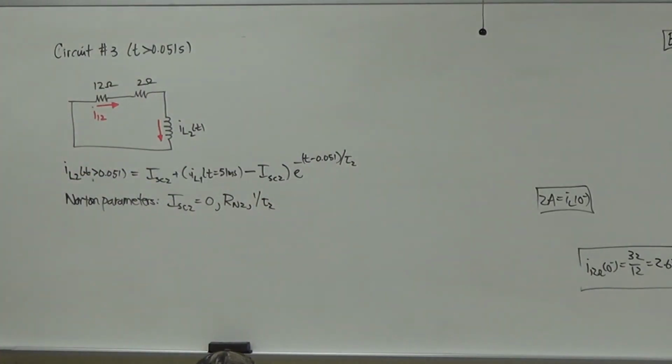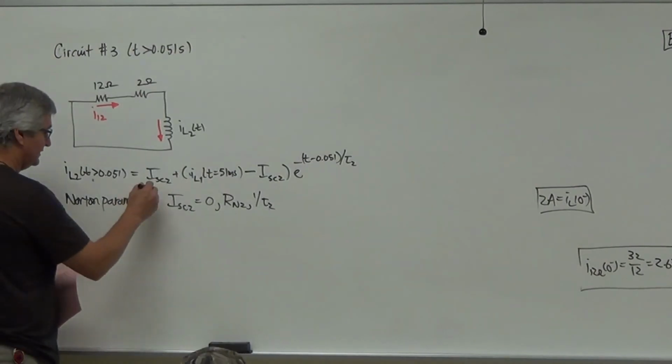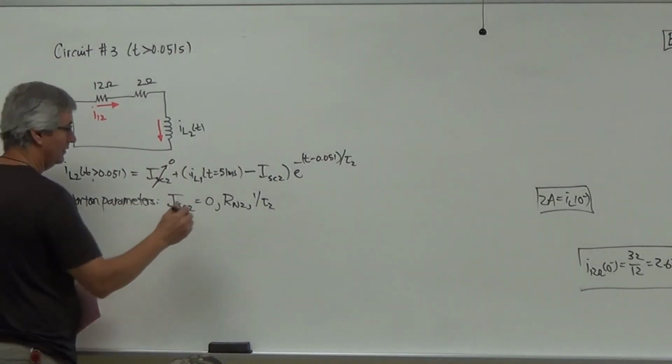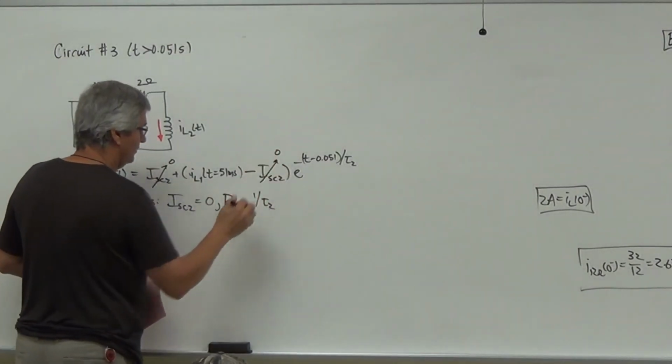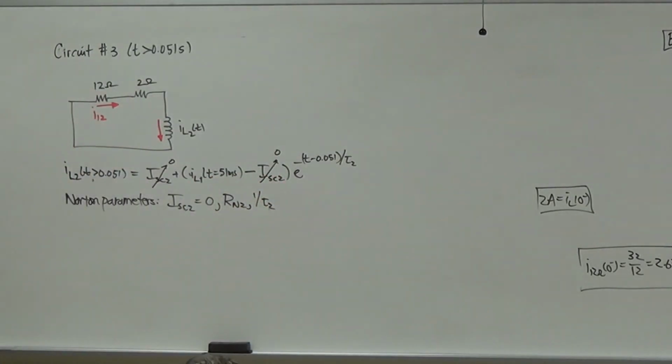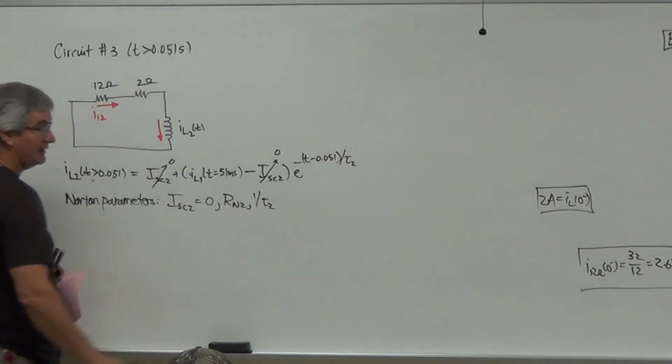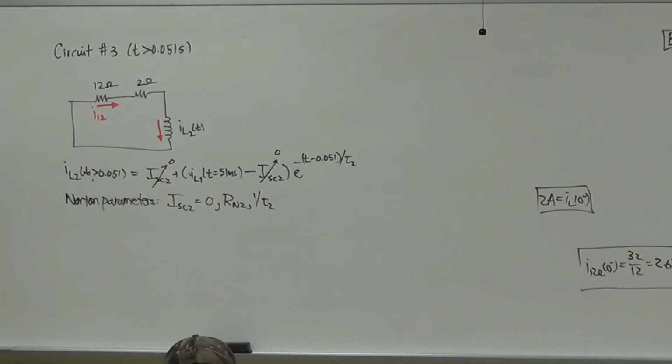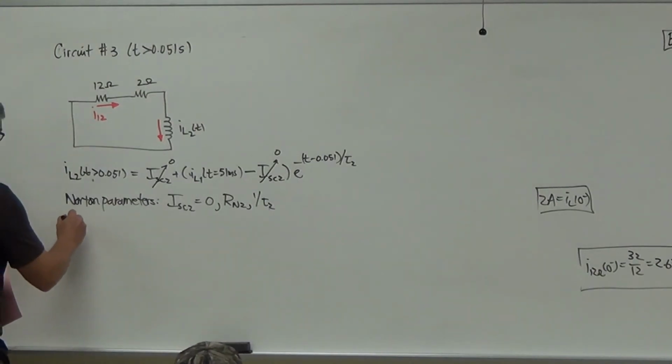When I look at this, this term is 0 and this term is 0, so I'm left with that term and that term. So the first thing I'm going to do is calculate the Norton resistance.